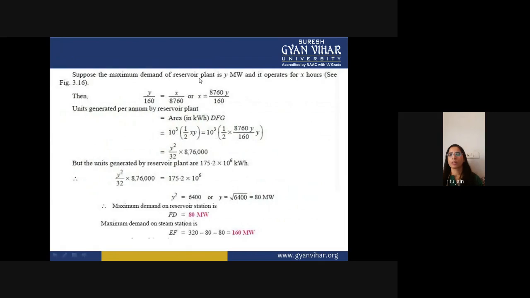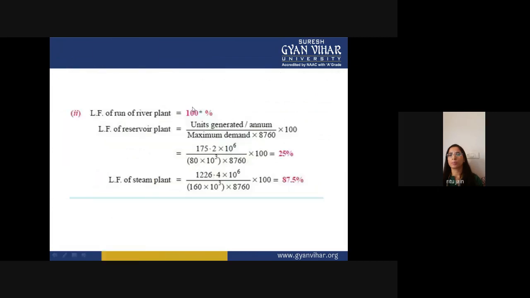Now, suppose the maximum demand of the reservoir plant is Y megawatt and it operates for X hours, then you can write Y upon 160 is equal to X upon total hours in a year, and X is equal to 8760 Y upon 160.